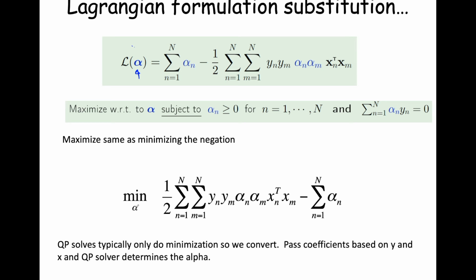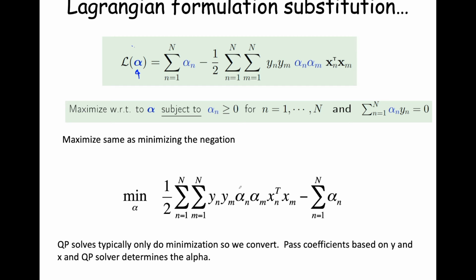So we're finding that alpha that minimizes 1/2 double sum, n goes from 1 to big N, m goes from 1 to big N, of yn, ym, alpha n, alpha m, xn transpose xm, minus the sum of all of the alpha n's. And so the nice thing about this form is that this is a quadratic programming problem.